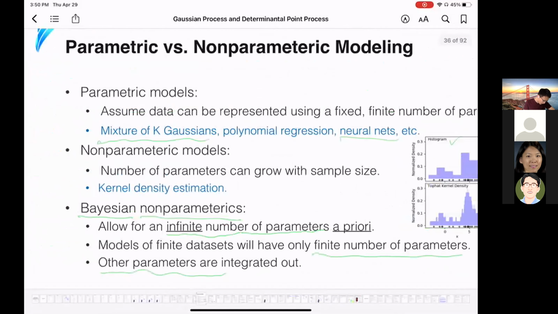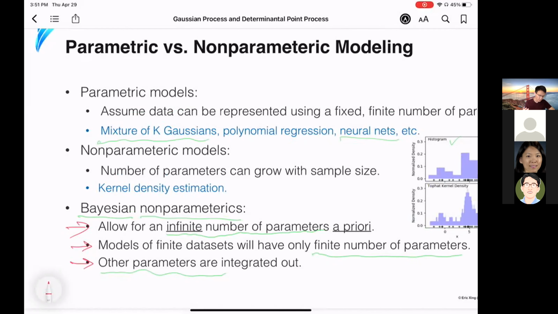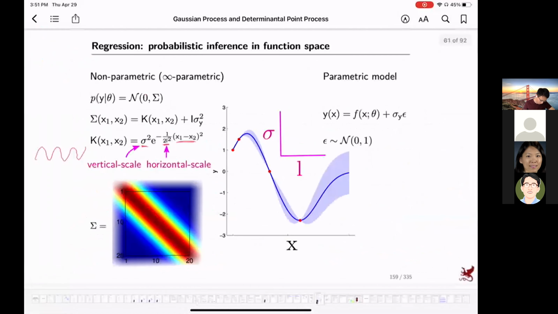We allow an infinite number of parameters as our prior. But when we actually use it, because there are only finitely many data points in our data set, each data point will only result in one parameter. And for all the other extra parameters, we will integrate them out. So we still get finitely many parameters that we can use in our actual model.